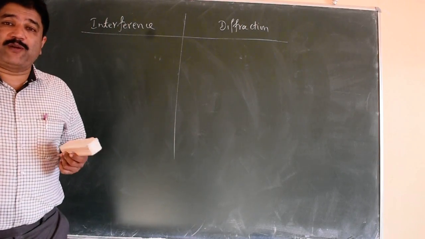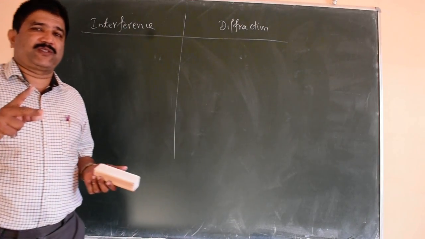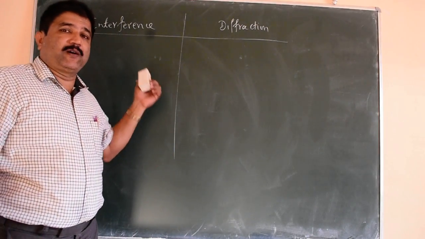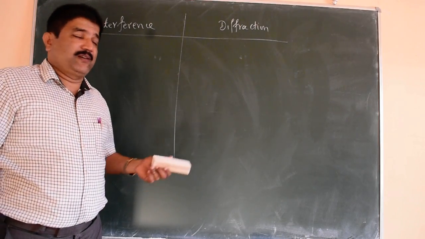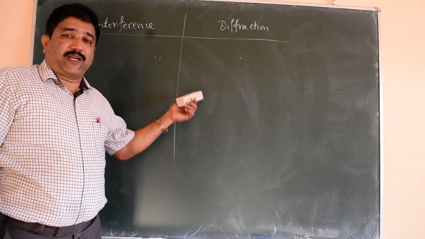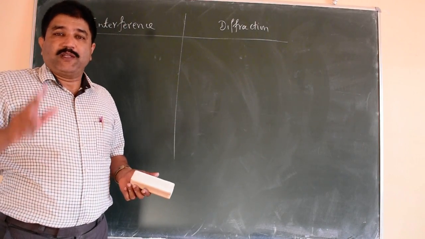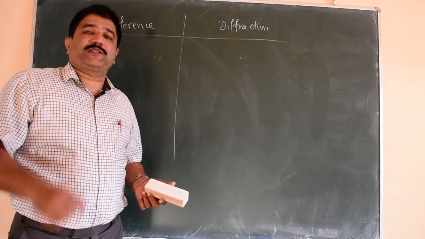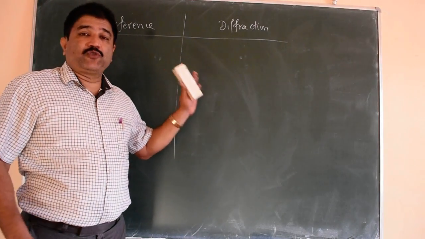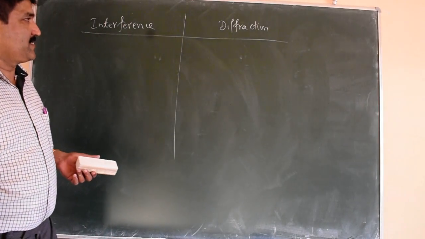So light coming from two different sources, different slits, coherent sources, will superpose and produce alternate dark and bright regions on the screen. Whereas in diffraction, the second point is that light coming from different parts of the same wavefront, the same slit, superposes on the screen and produces dark and bright regions.